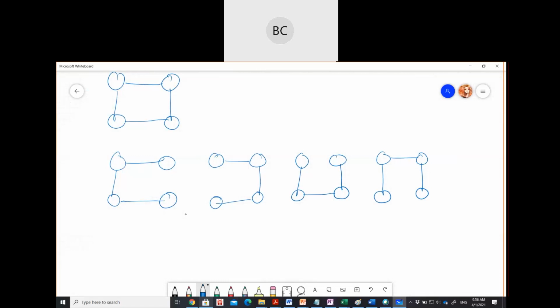That means you can just add one here. You can also add another. Just remember that you can connect any of the vertices.